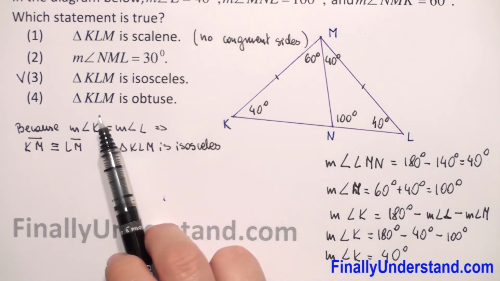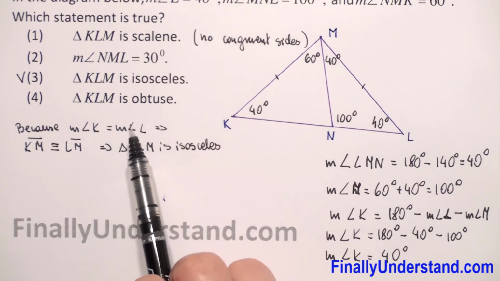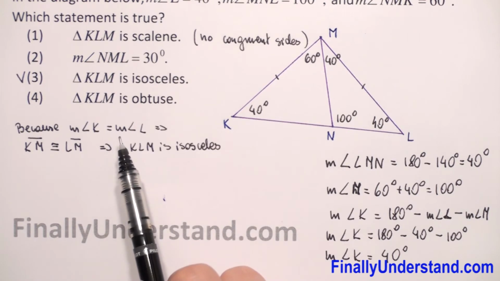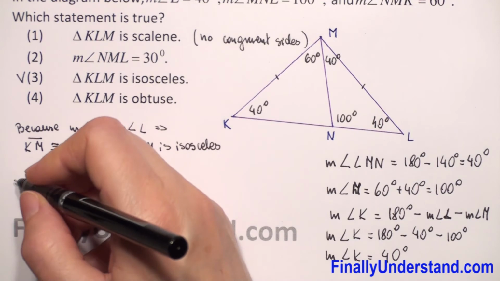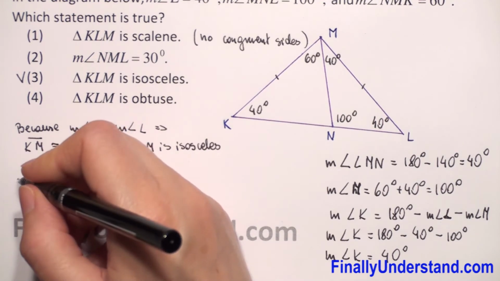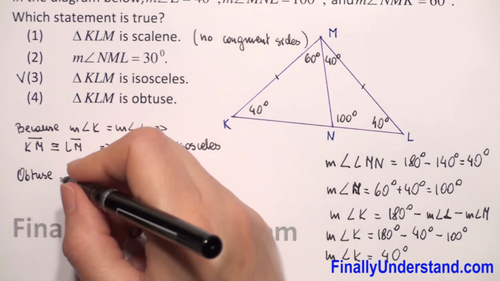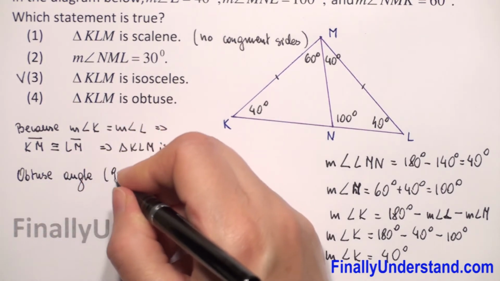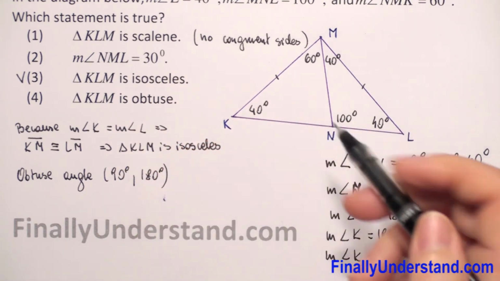The fourth statement is that triangle KLM is obtuse. A triangle is obtuse if it has one obtuse angle. And we know that the measure of an obtuse angle is between 90 degrees and 180 degrees.